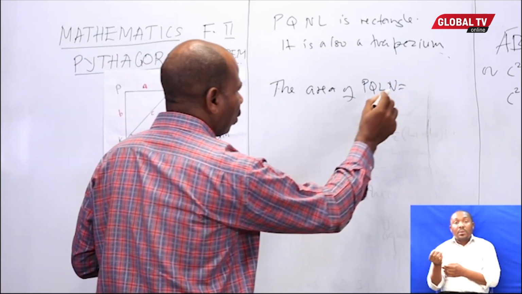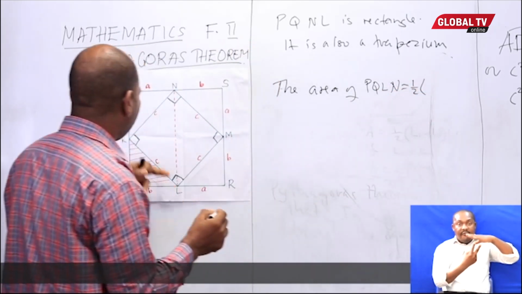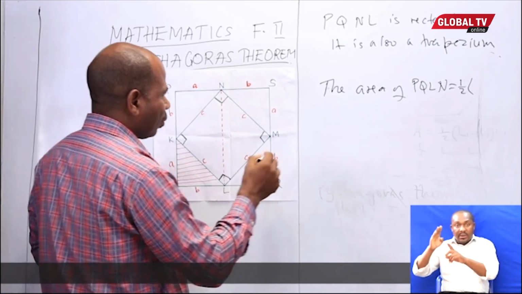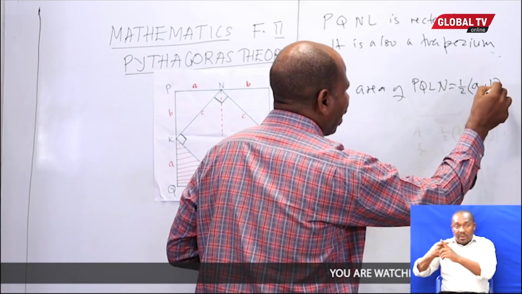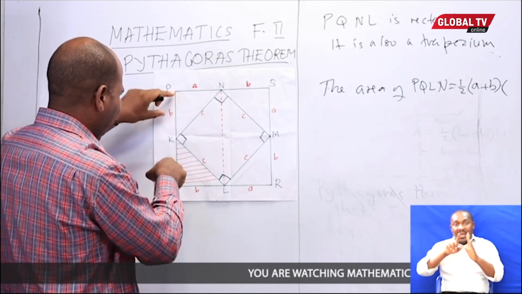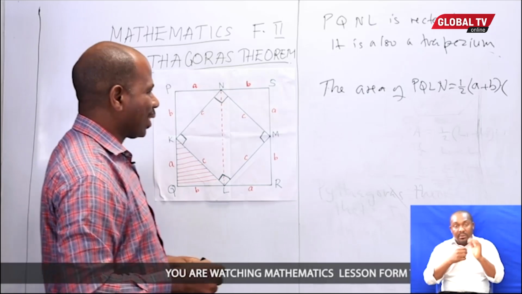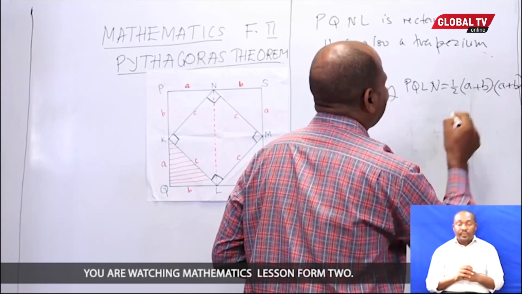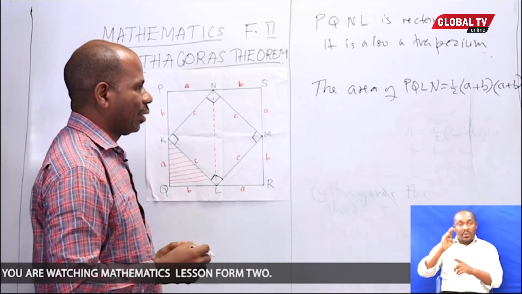It is equal to half into A plus B, base 1 plus base 2, multiplied by the length or the height. From here to here is B, and this is A. So it's the same as A plus B. So we have A plus B and A plus B.